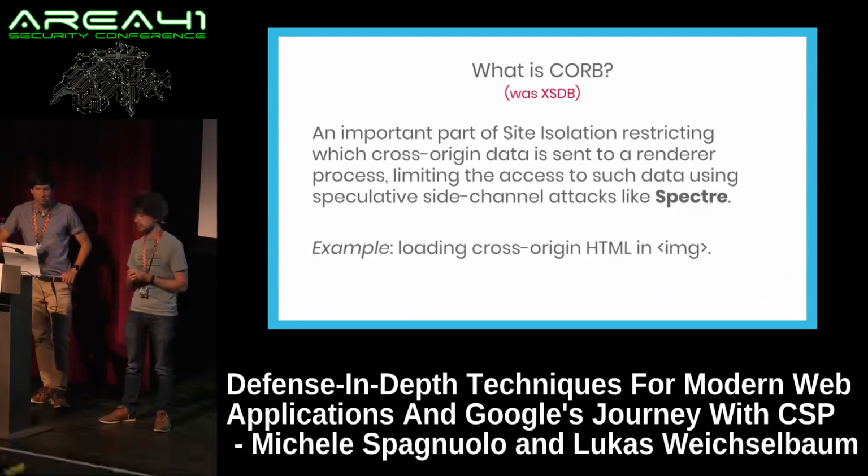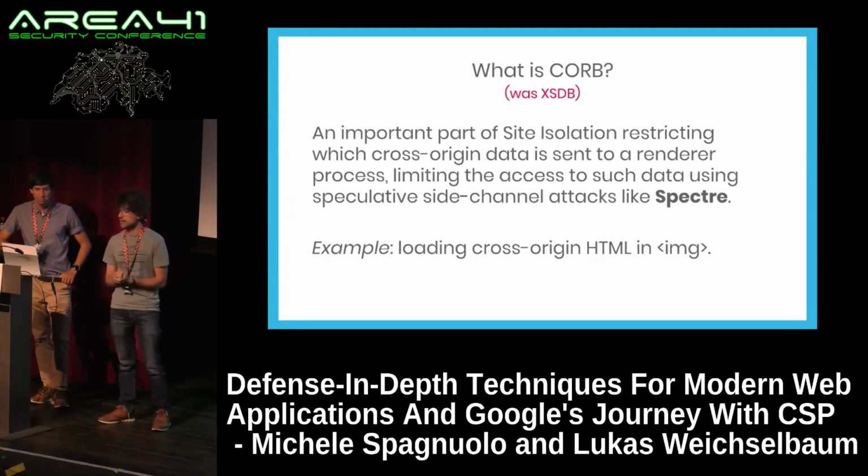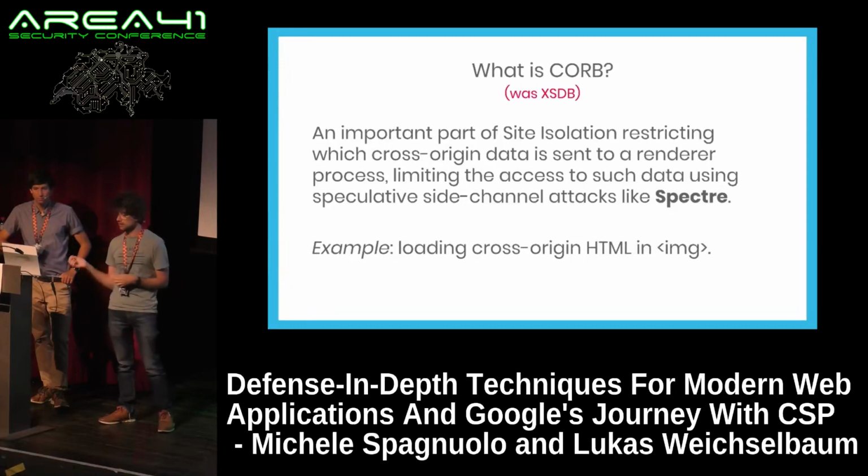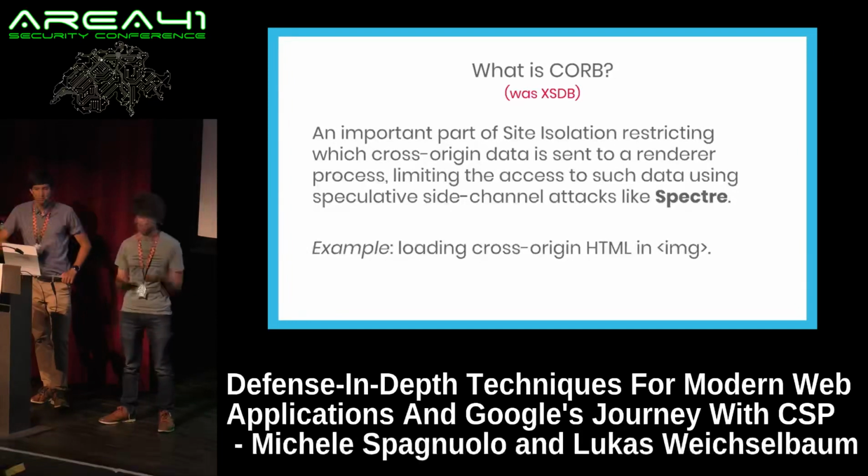What is CORB, or cross-origin request blocking? It used to be resource blocking, now it's request blocking. Basically, it's an important part of site isolation that restricts which cross-origin data is sent to a renderer process, limiting access to such data using speculative attacks like Spectre.